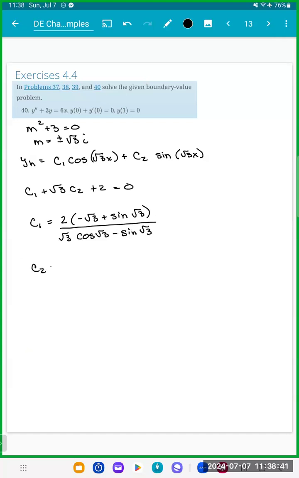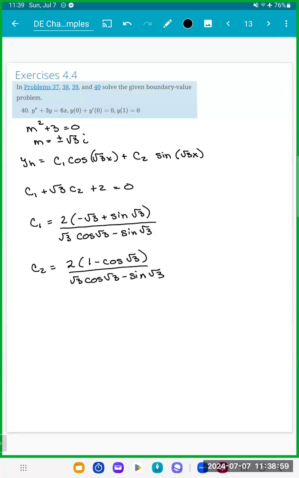For our C2, that's going to give me 2 times 1 minus the cosine of square root of 3, divided by square root of 3 cosine square root of 3 minus sine square root of 3.